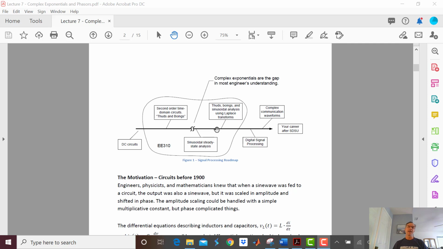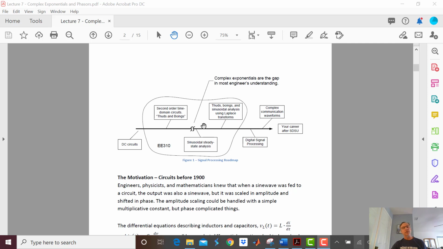And I get that. I understand that. But what happens is I interviewed a lot of engineers when I had my company and afterwards, and complex exponentials are the gap in engineers' understanding.